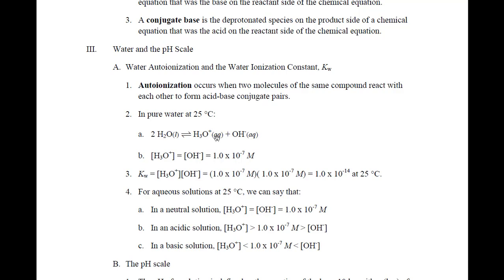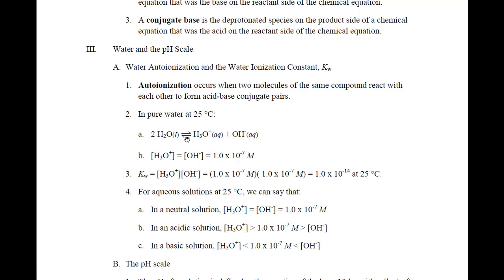For all that we do in this chapter, we will stay then right at around 25 degrees Celsius so that these numbers mean something. And so you need to memorize this then, that in pure water at 25 degrees Celsius, hydronium equals hydroxide at 1 times 10 to the minus 7th molar.